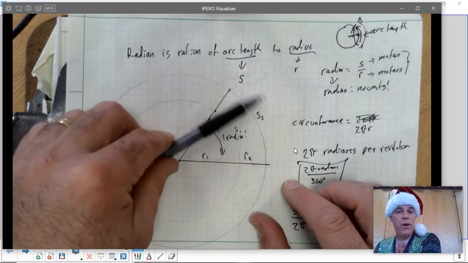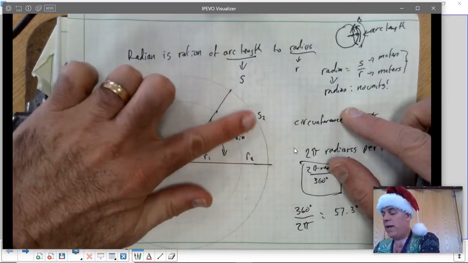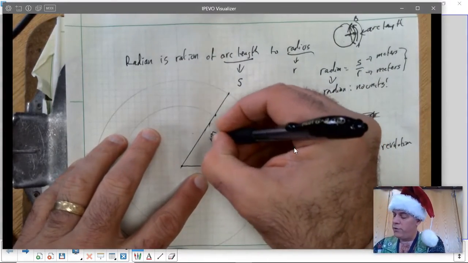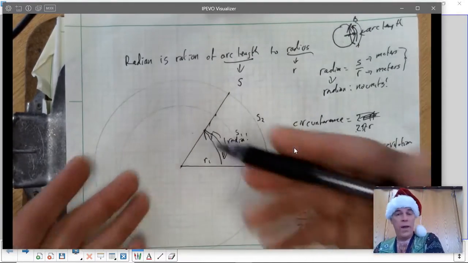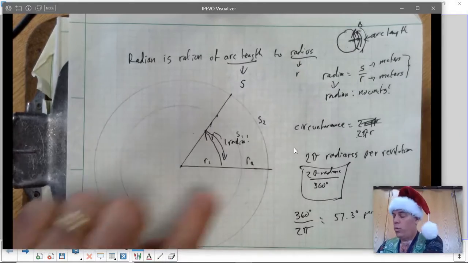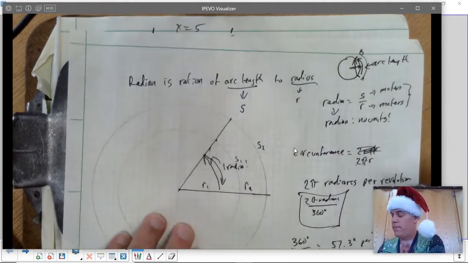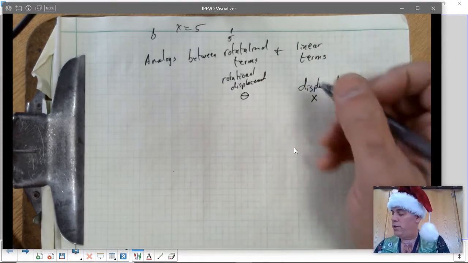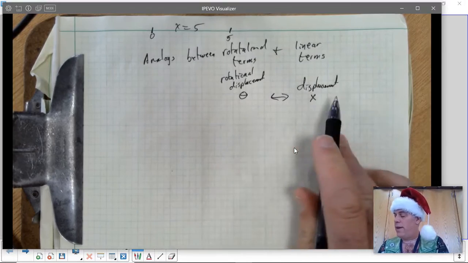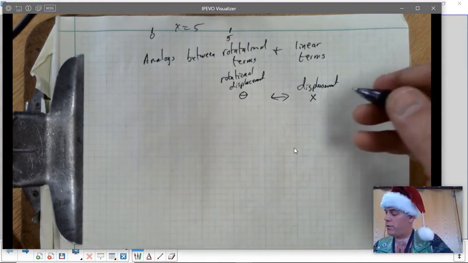If it's a rotating merry-go-round, and we want to know how far it's gone around, we can measure the rotational displacement in radians. So if it has gone this far, that is 1 radian. If it has gone all the way around, 1 full revolution, it would be 2 pi radians. Okay, so rotational displacement is theta, and it's analogous to linear displacement when we're talking straight line thing.